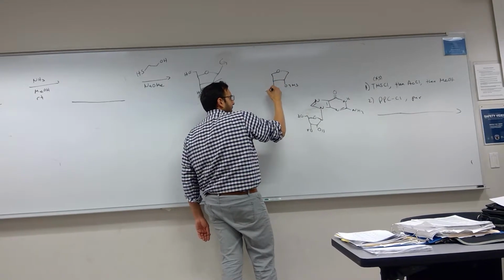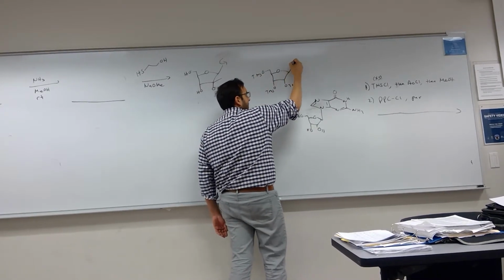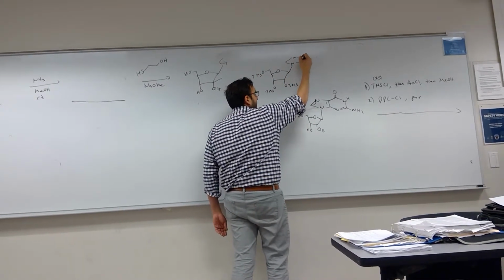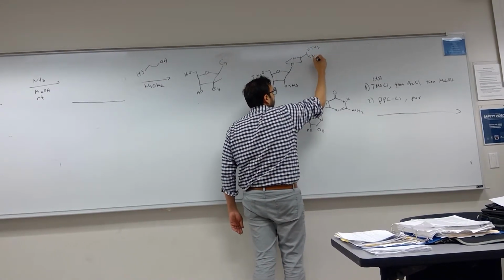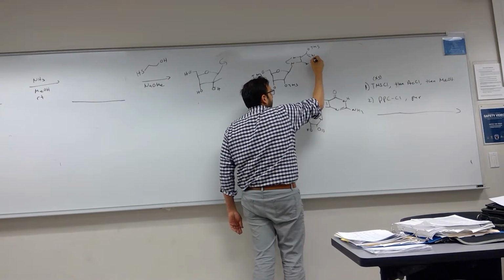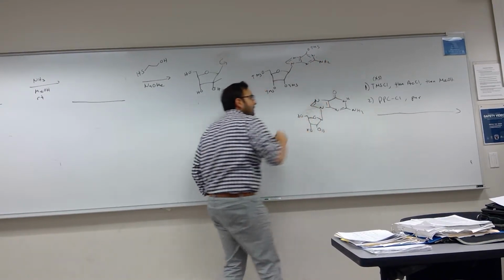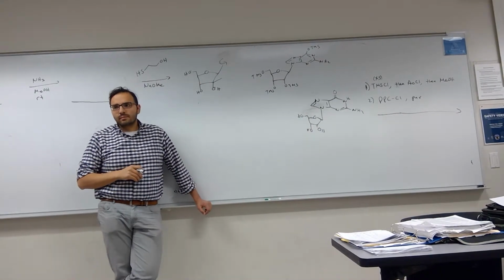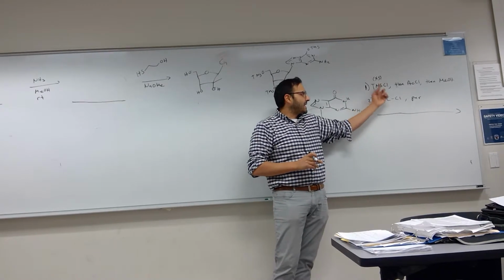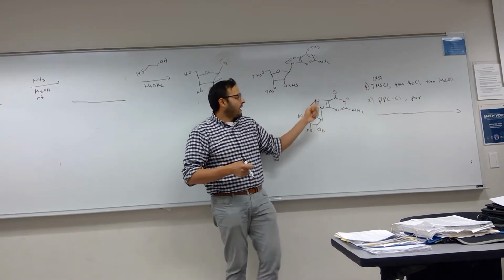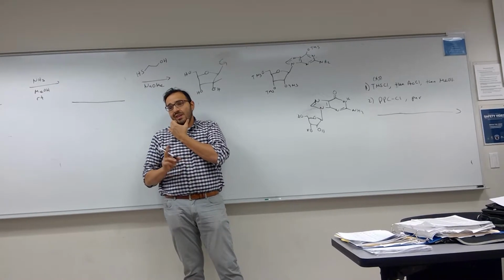OTMS, OTMS, OTMS. Right, so you add TMS chloride in excess and let it stir. The reason is that you want to block every nucleophilic site other than the nitrogen.